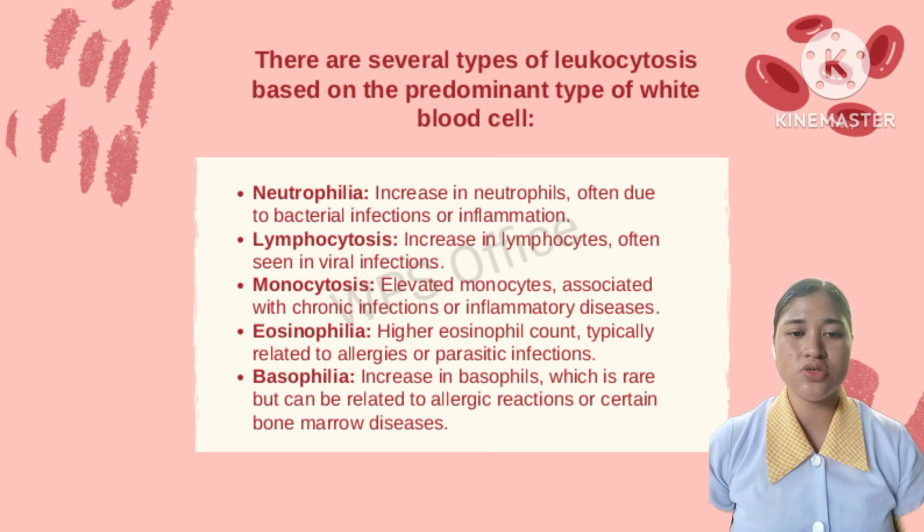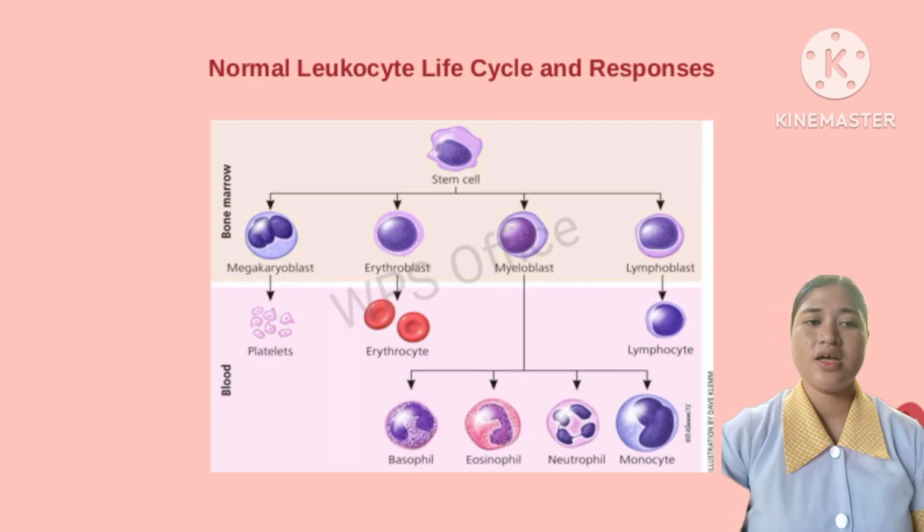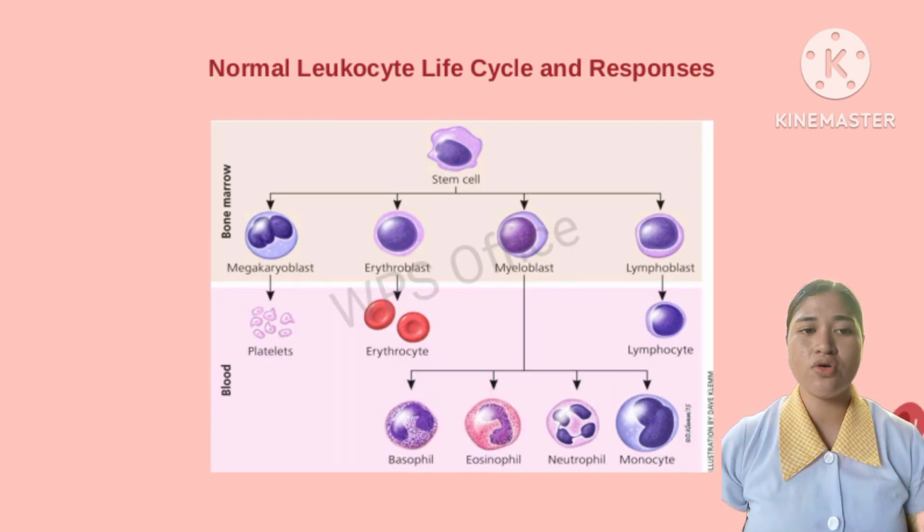And then eosinophilia, or a higher eosinophil count, typically related to allergies or parasitic infections. And lastly is basophilia, an increase in basophils, which is rare but can be related to allergic reactions or certain bone marrow diseases.